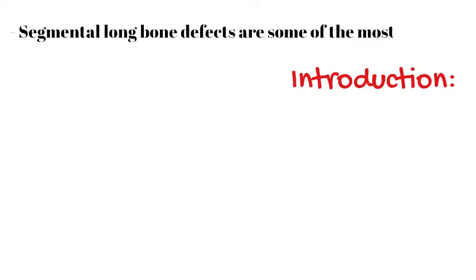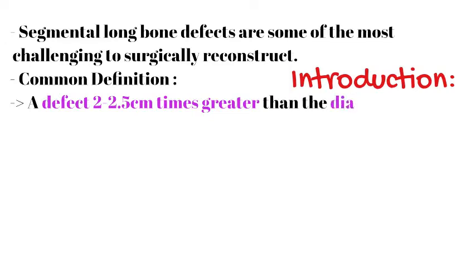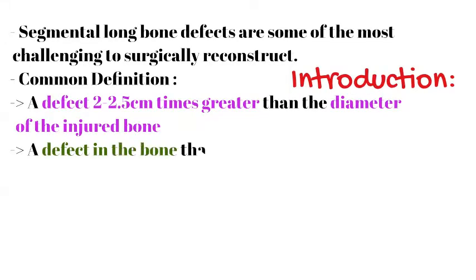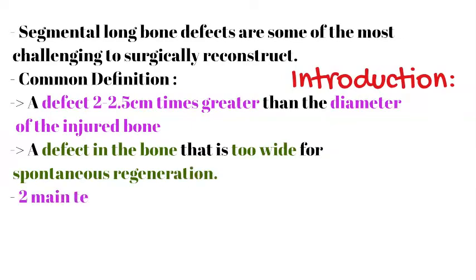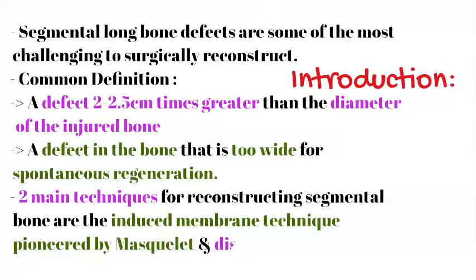As an introduction, segmental long bone defects are some of the most challenging to surgically reconstruct. The common definition for segmental bone defects is a defect 2 to 2.5 times greater than the diameter of the injured bone, or a defect in the bone that is too wide for spontaneous regeneration.